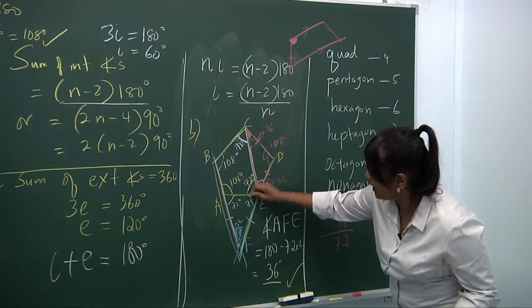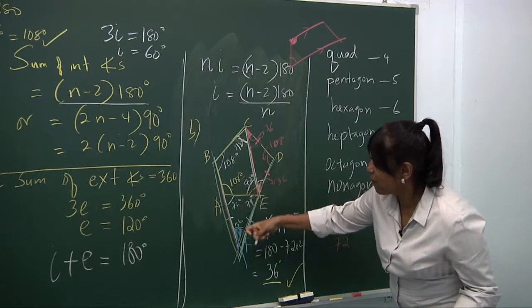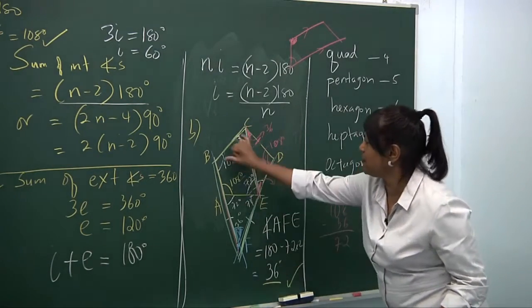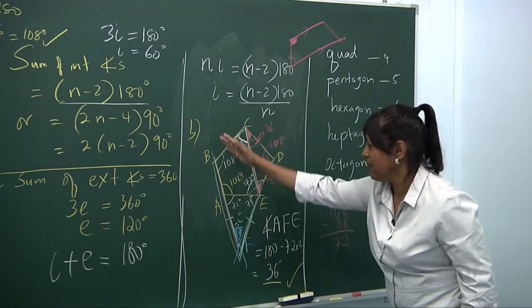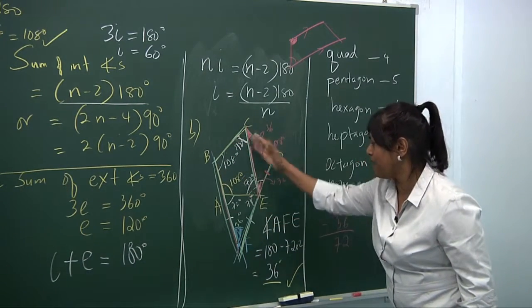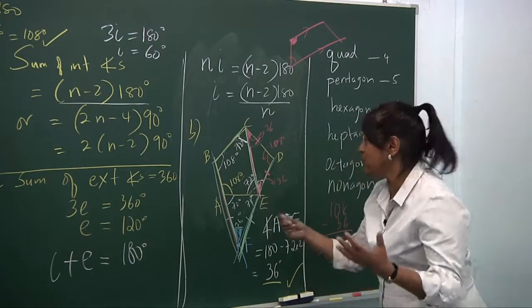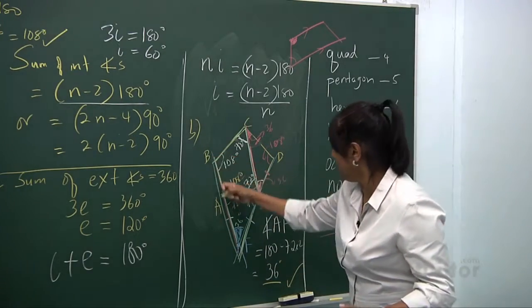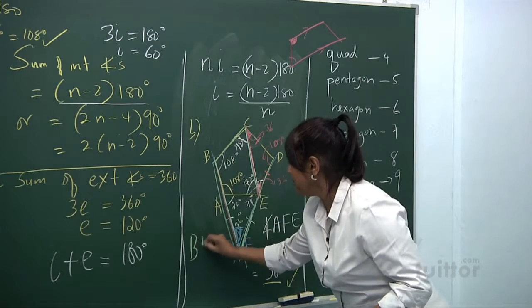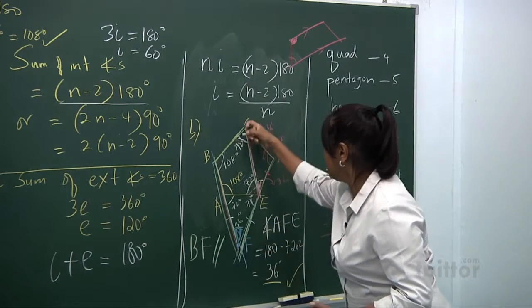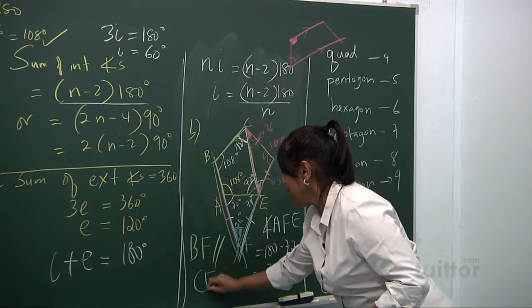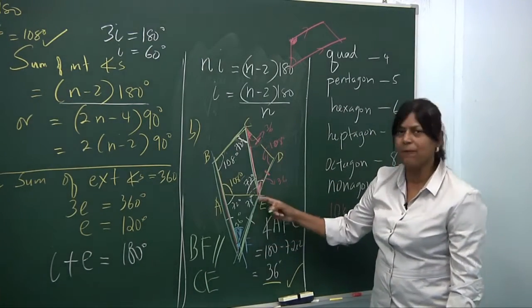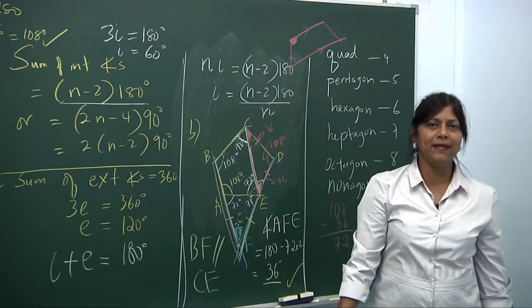This whole angle is 144. 144 plus 36 is also 180. Interior opposite. Therefore, these lines are parallel. I'm just teaching you because I don't have space on the board, but I hope you can be clear. BF is parallel to CE. And you show them parallel because the interior opposite angles give you 180 degrees.